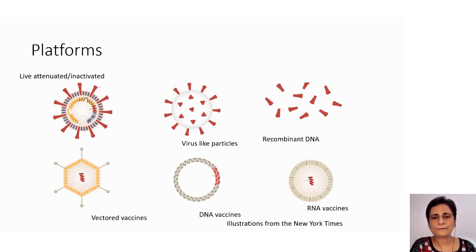We also have vectored vaccines where the gene that encodes for the spike protein or for the receptor binding domain is carried by another virus into the host cell. We have DNA and RNA vaccines, which also encode for the spike protein and essentially use the host cell as factories to make the spike protein to which the immune system then responds.